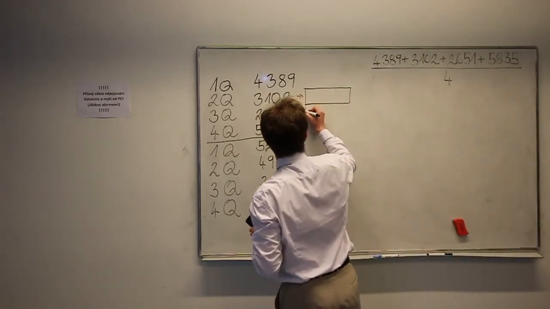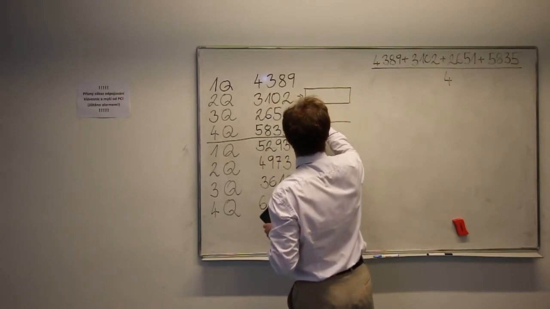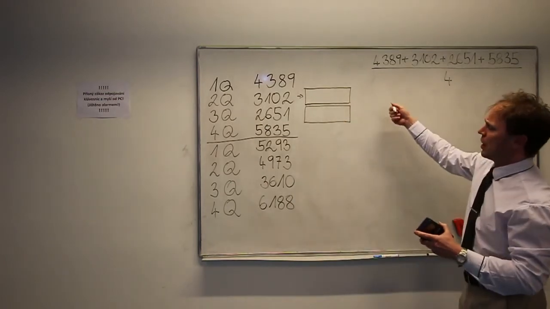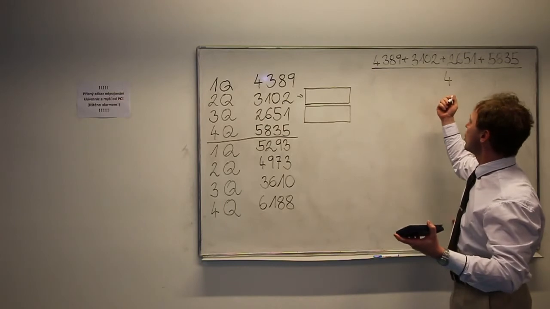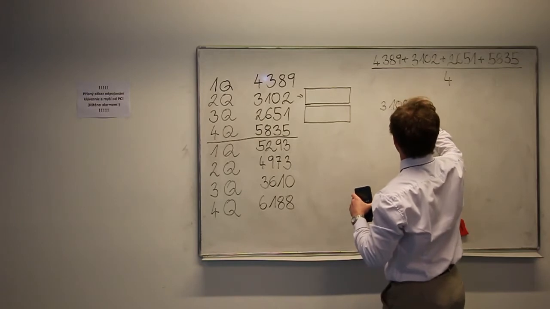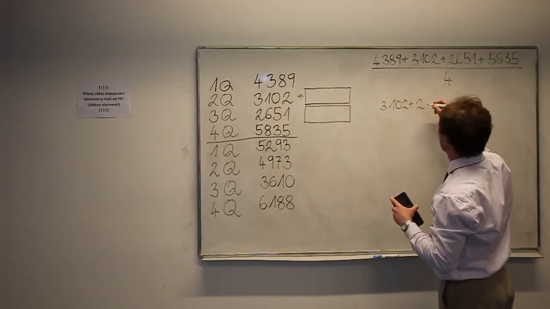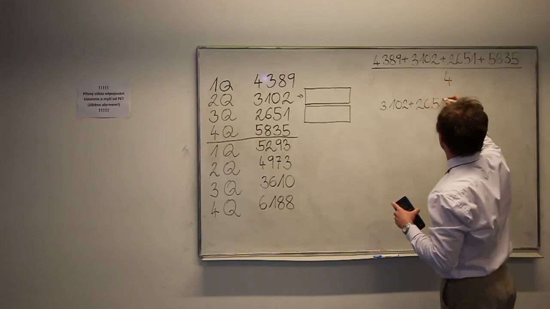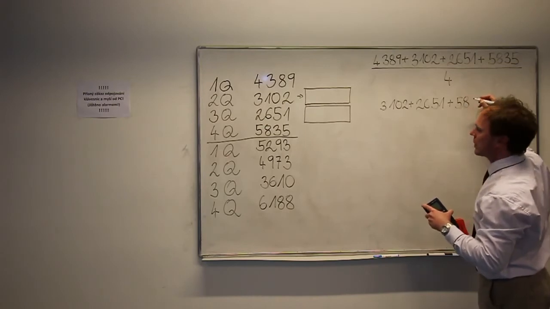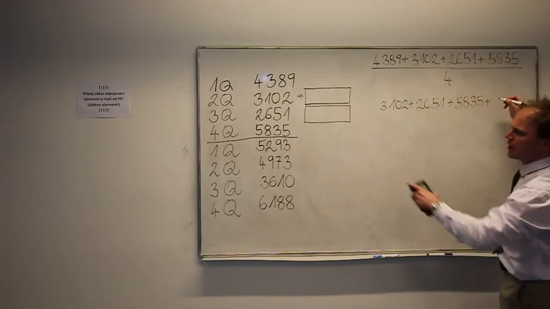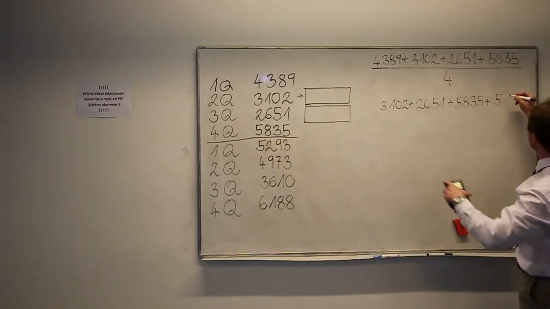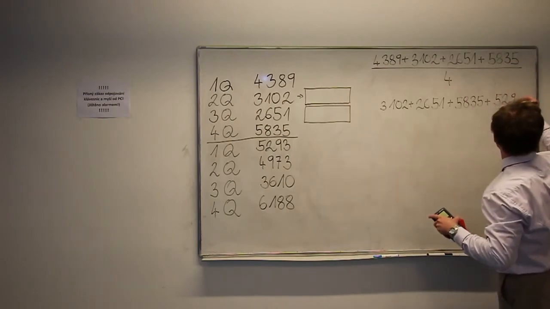We will calculate another partial result here, and on this position we will calculate the value from values 3,102 plus 2,651 plus 5,835, and we are moving to another year, 5,293.